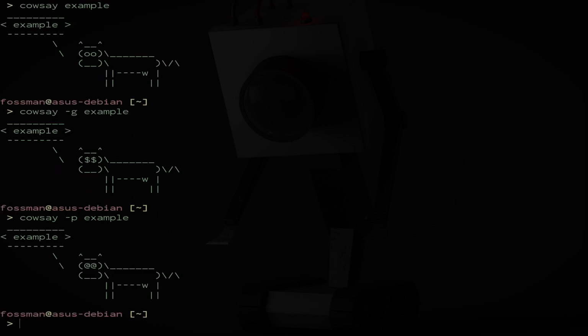Let me try -P. Yep, for paranoid. And I think the other one was -D. It looks a little, I guess, disoriented maybe is what that stands for. I don't know. But at least that way we can specify the expressions on the cow's face.